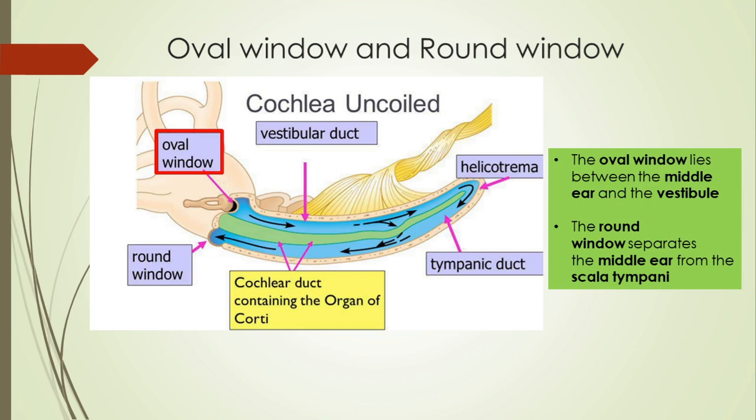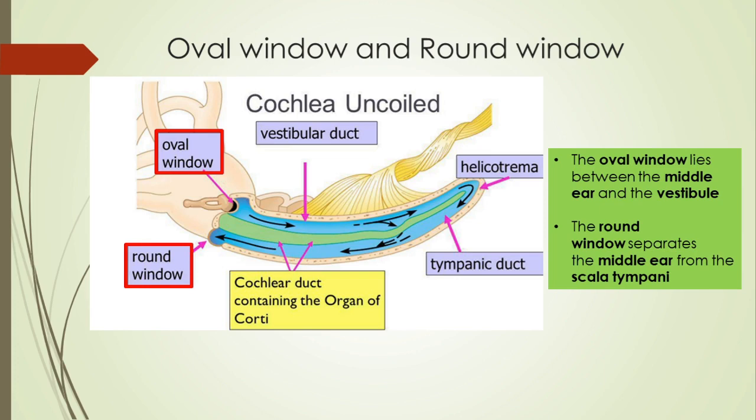We have seen that the inner ear is filled with fluid. When the vibrations reach the inner ear, it will cause the movement of the fluid in the inner ear. This fluid is non-compressible and movement of this fluid requires a second membrane bound window that can bulge outward a little bit, that is the round window.